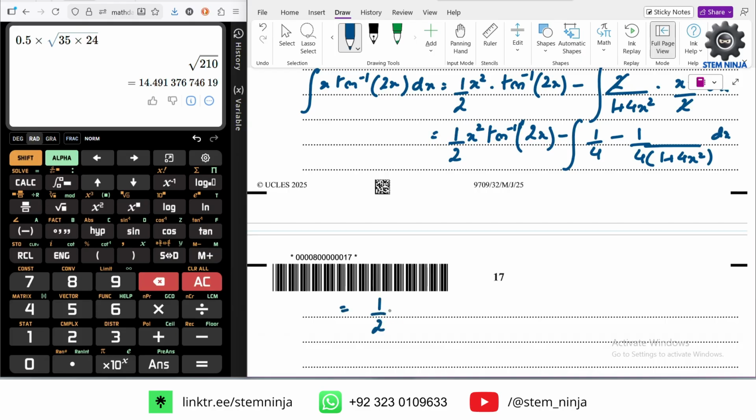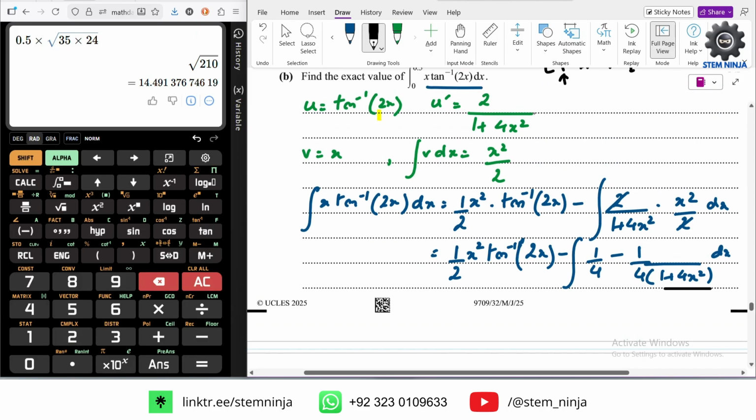So half of x squared tan inverse of 2x minus 1 over 4 x. Now, remember how we actually got it, right? We actually got this as the derivative, right?